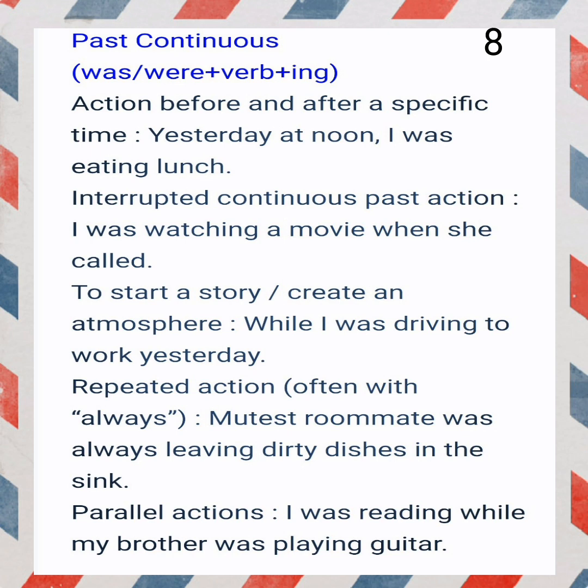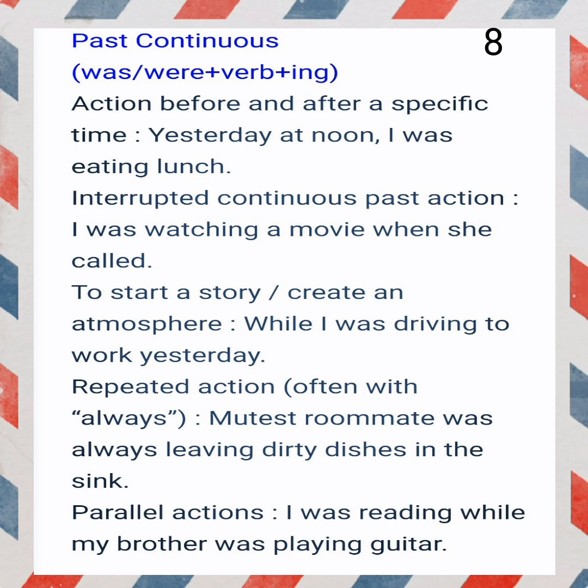Example: yesterday at noon I was eating lunch. Then it is also used for an interrupted continuous past action. I was watching a movie when she called. So the action is interrupted. It is also used to start a story or create an atmosphere: while I was driving to work yesterday, and like that we are beginning.